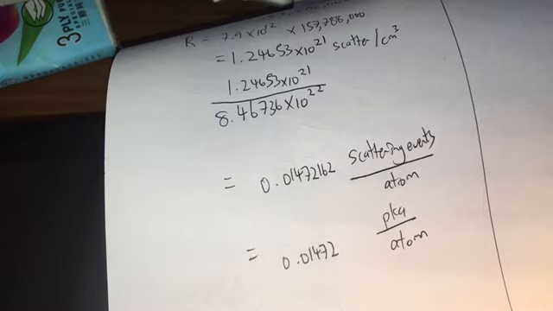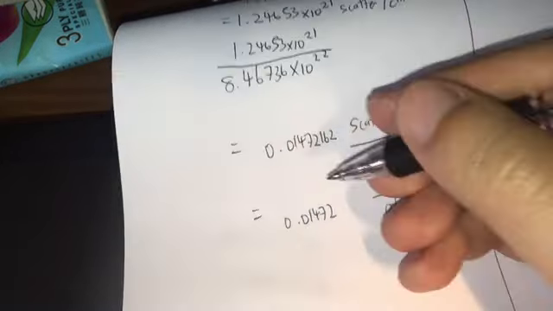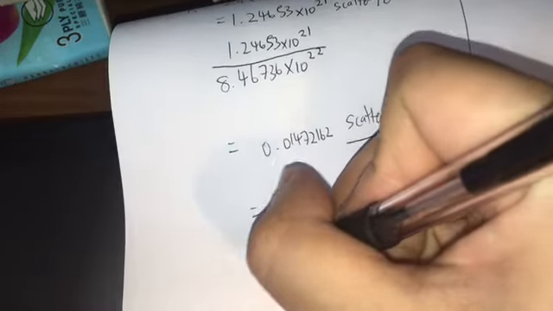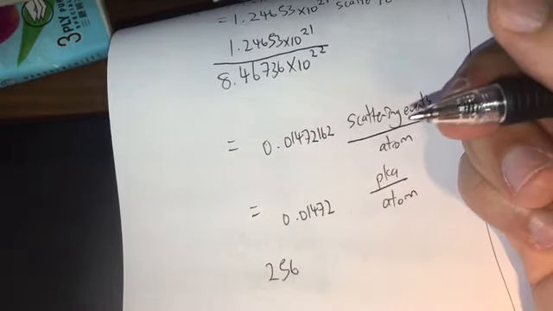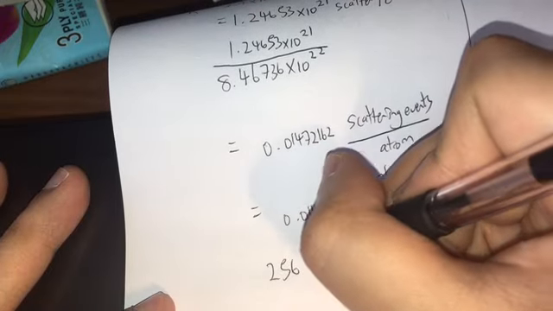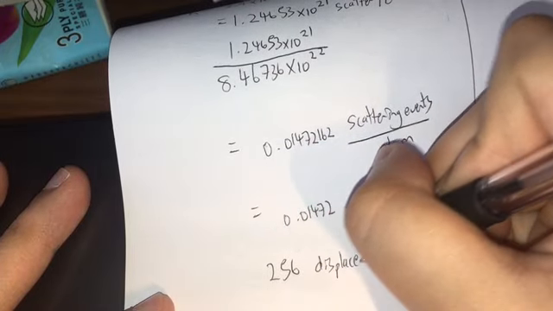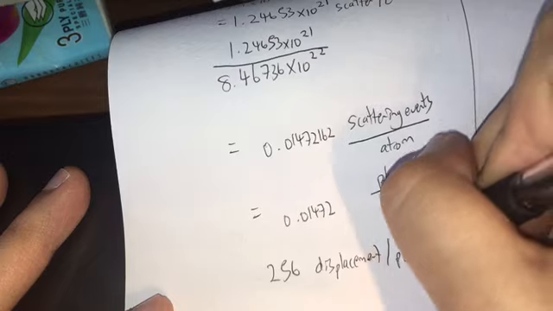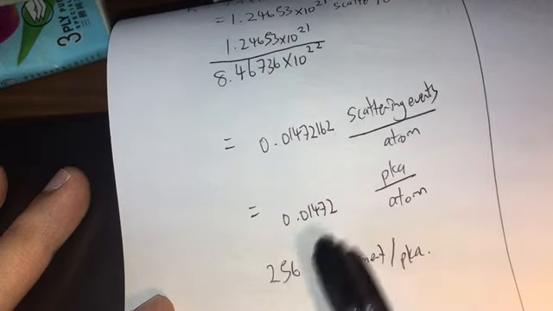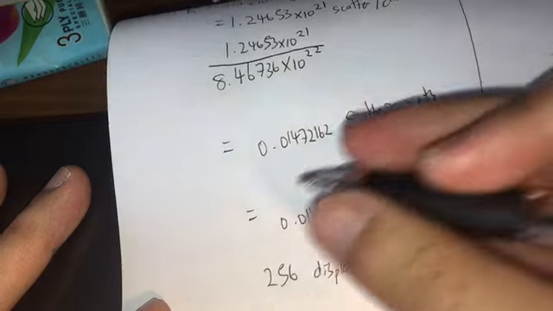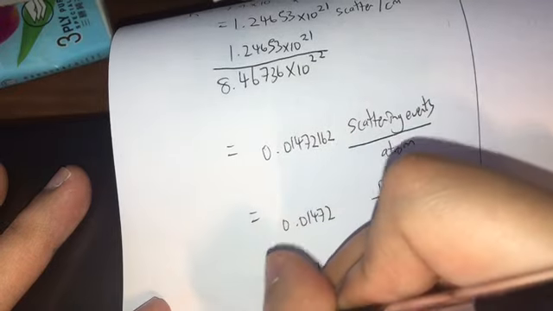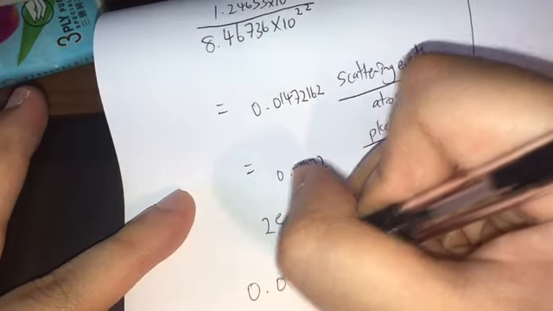Well, we have calculated previously about 256 on the conservative side, 256 displacements per PKA, and we have this many PKAs per atom being made. Let's just take the product of these two numbers.